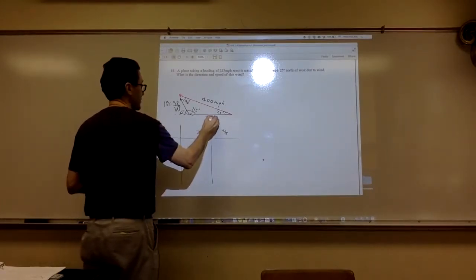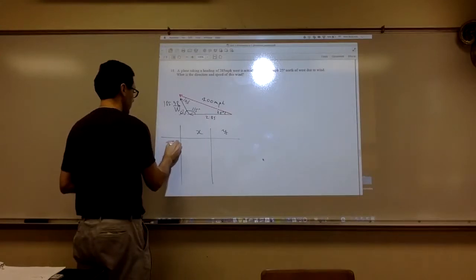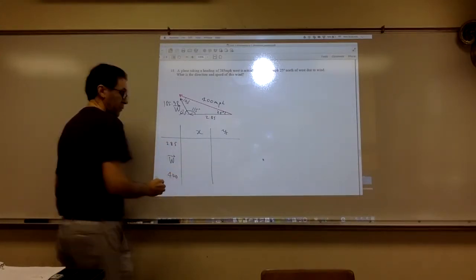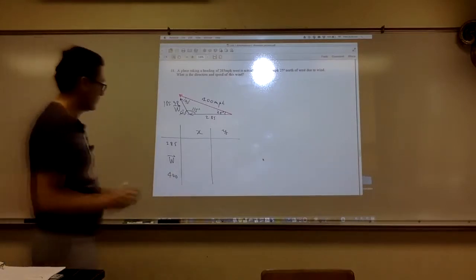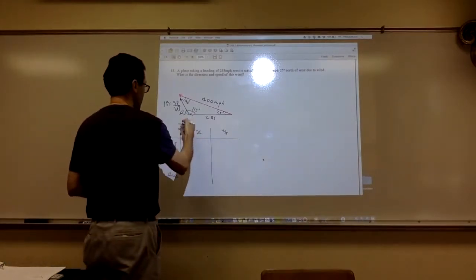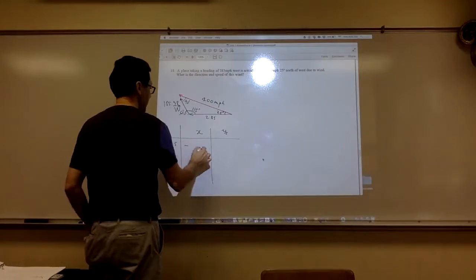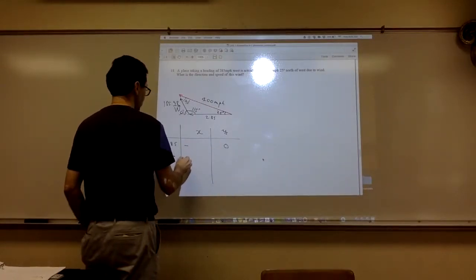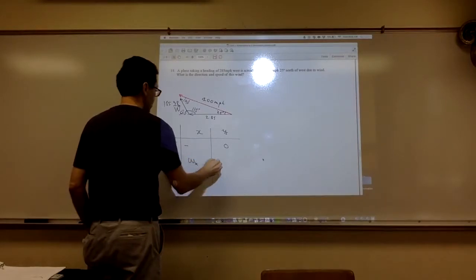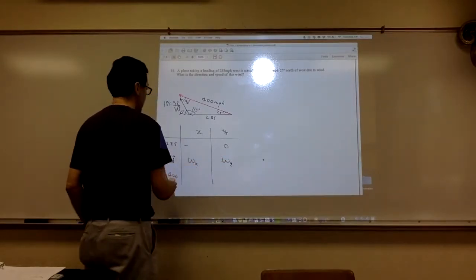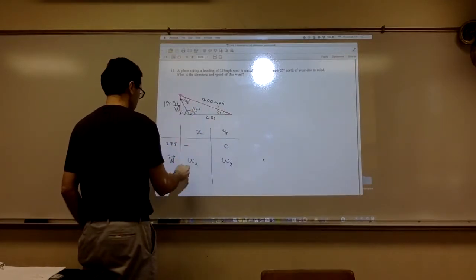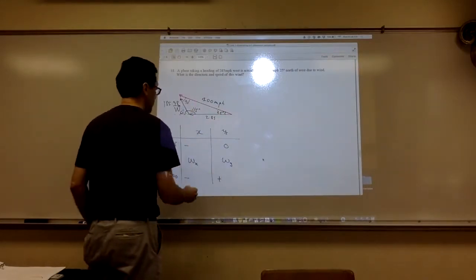This is 285, and we have information about the 400. So the plane is going to the left, so this is a negative. This is 0, there's no y component. We have to find, I'll call this Wx and Wy. And for the 400, it's negative and positive.